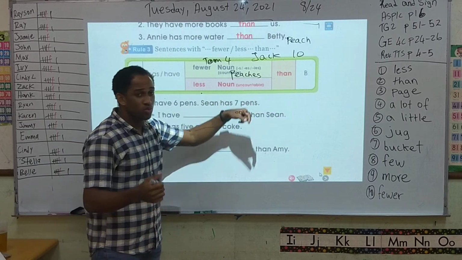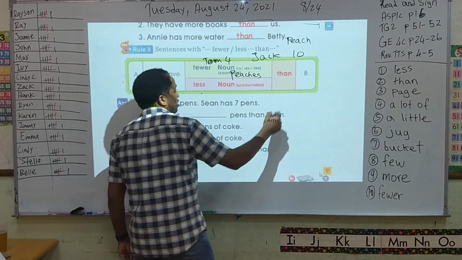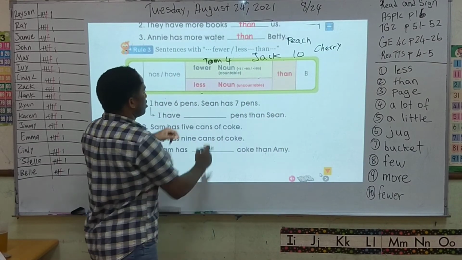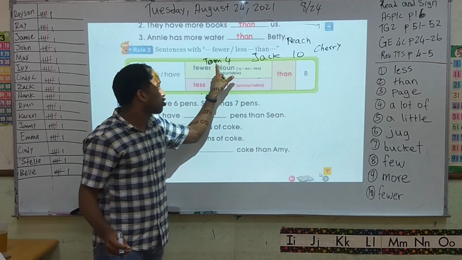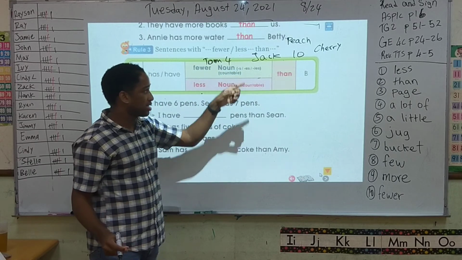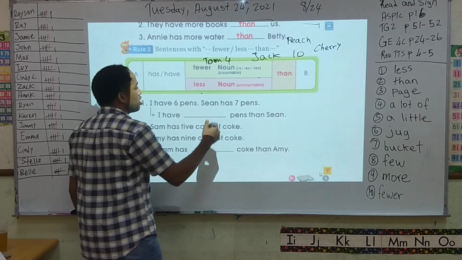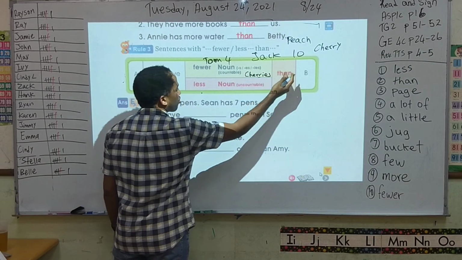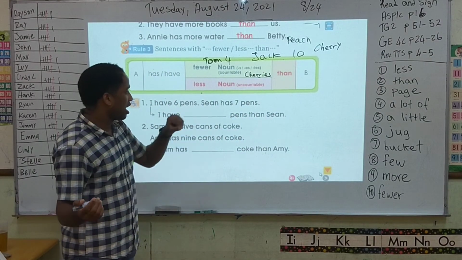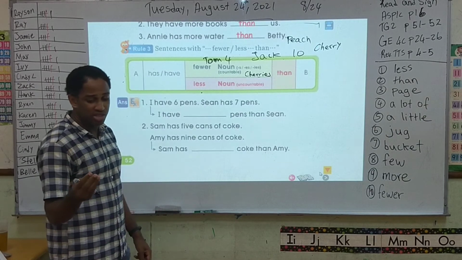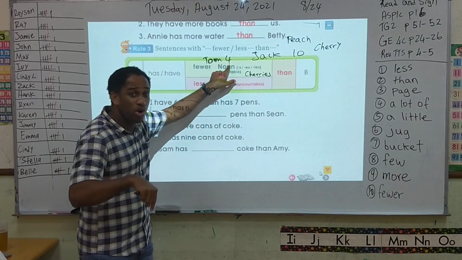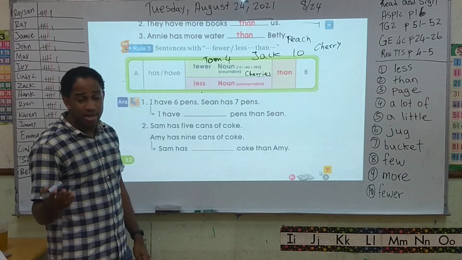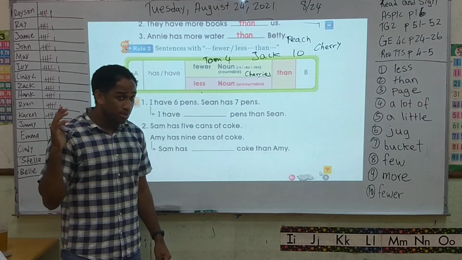For IES, words end with Y. For example, cherry. Tom has 4 cherries, Jack has 10. So you can say Tom has fewer cherries, IES, than Jack, because he has fewer, smaller in amount. Now, let's go for less. Less is used for uncountable nouns.